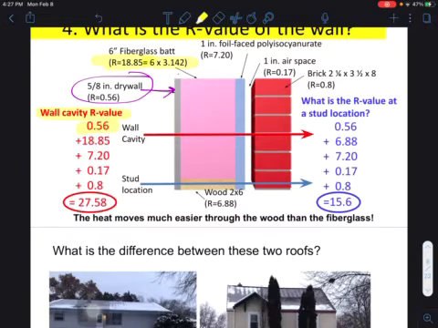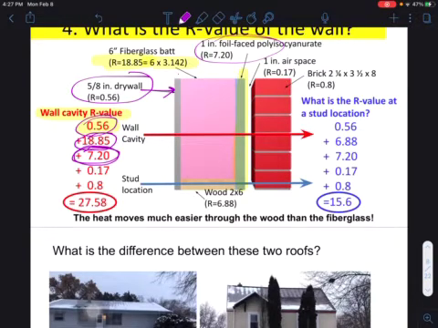The next layer is the blue layer here in the middle. The blue layer is this foil face poly, and it's 1 inch. It has a value of 7.20. That's this right here. So we've accounted for the drywall, we've accounted for the fiberglass. Now we're accounting for the 1 inch foil poly.